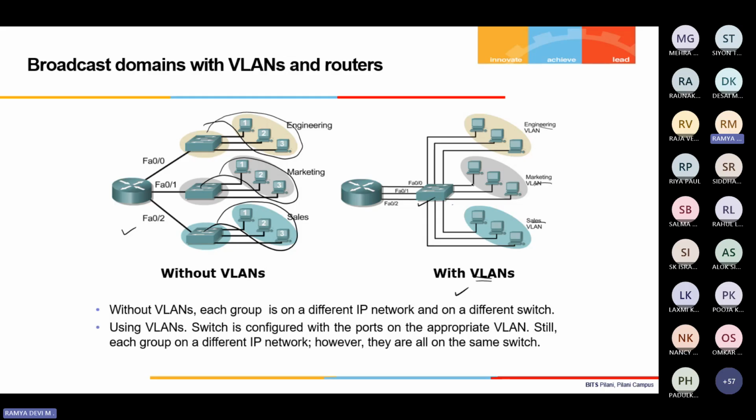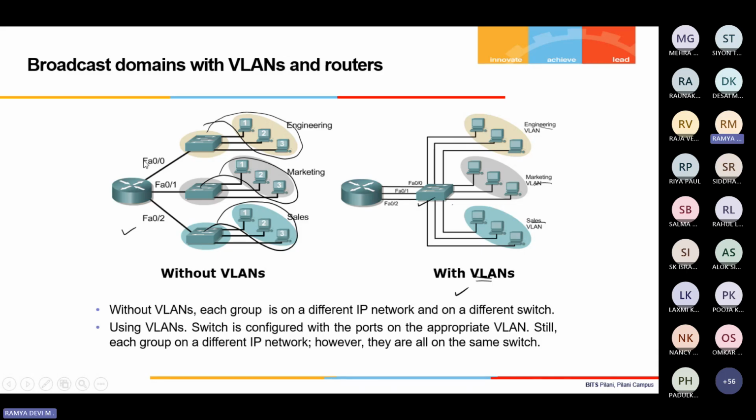Devices in each department are logically grouped into the corresponding VLANs, so they can communicate with each other directly. If they want to communicate with a system connected to a different VLAN, the traffic should pass through a router. The router enables inter-VLAN routing, or it can be extended with the help of a trunk link.